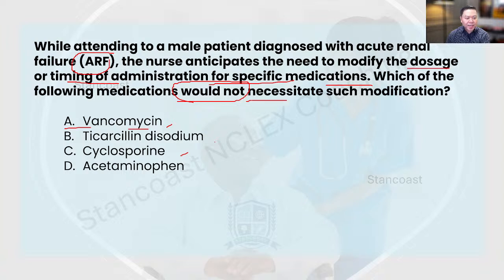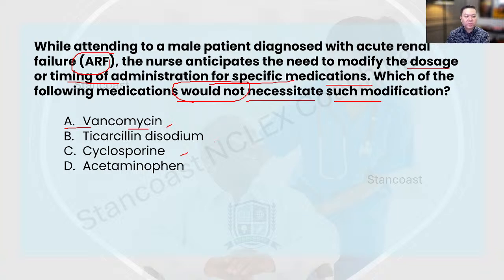Take a look at that clue. Basically, we're looking for the medication that is part of the treatment plan that would not really be a concern for this particular patient. We're not going to worry about it. It's not going to harm the patient who already has a diagnosis of acute renal failure.